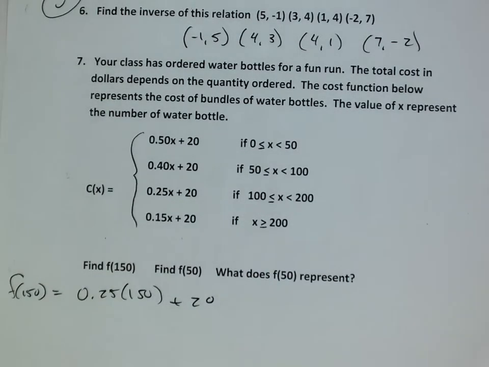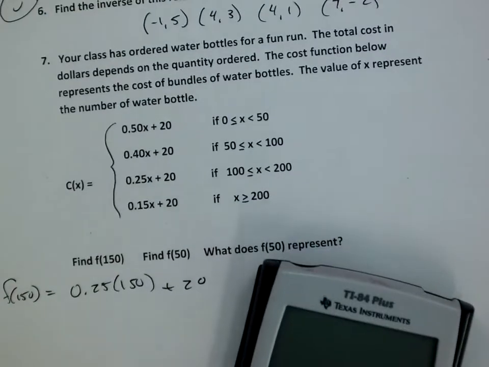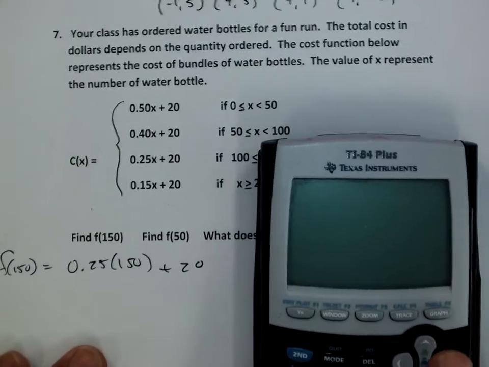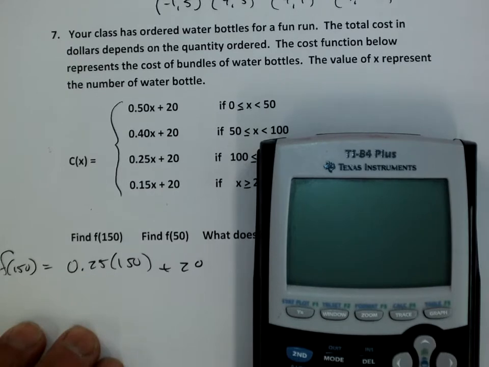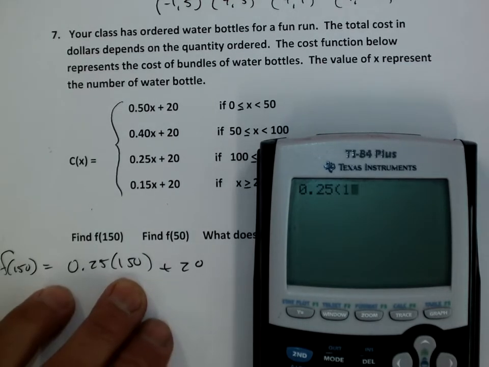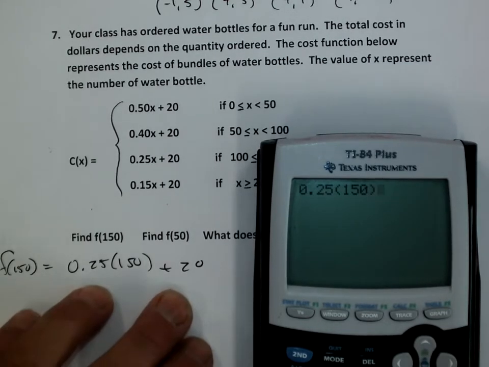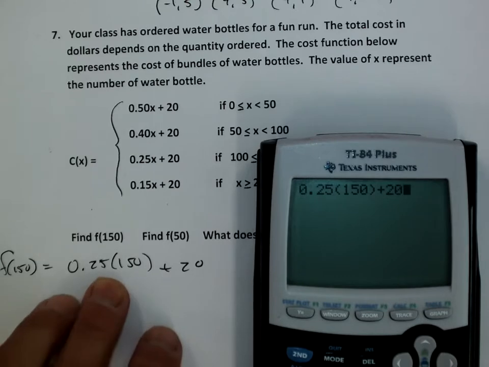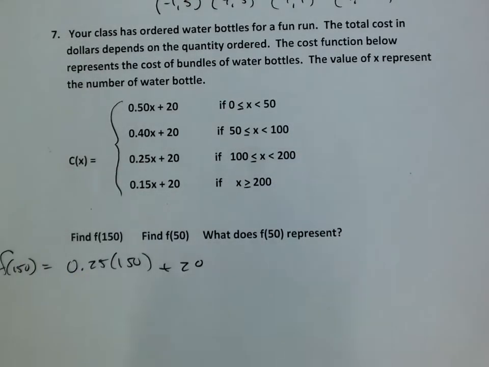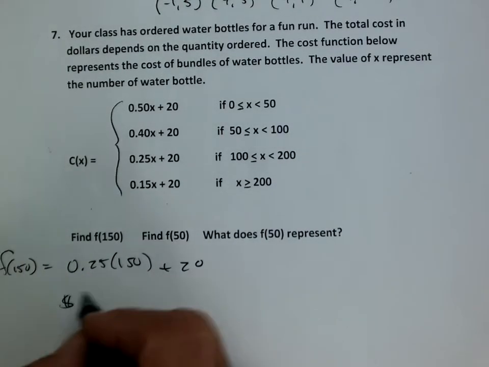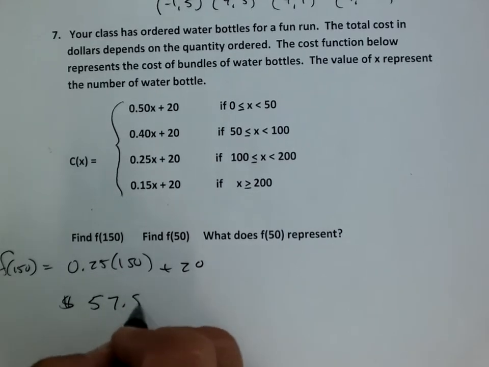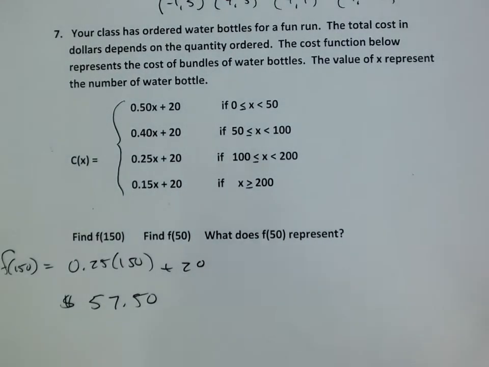So if I do the math, 0.25 times 150 plus 20, my cost is $57.50. $57.50 for 150 water bottles, okay?